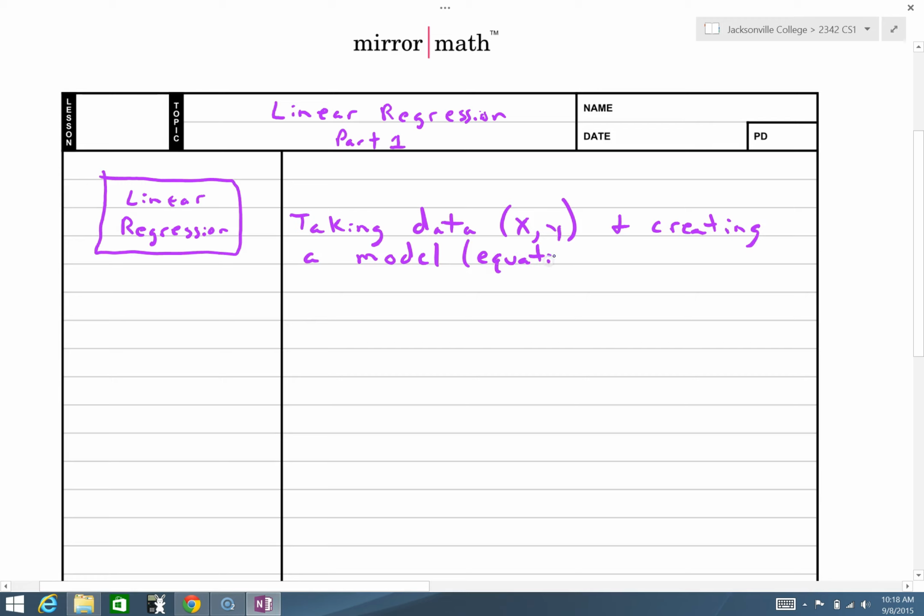We'll start with the equation, and of course with the equation we can generate a line to predict y given some x. So we're going to take a scatter plot as we've seen previously and draw a line through it, a line that best fits it. And with that line we'll take an x value and predict some y value.